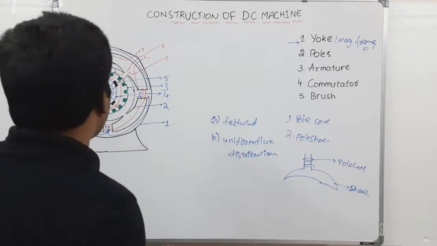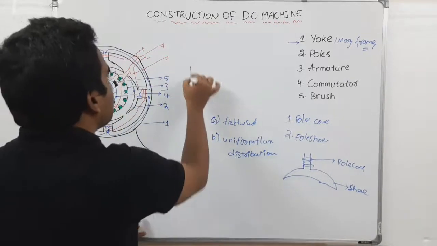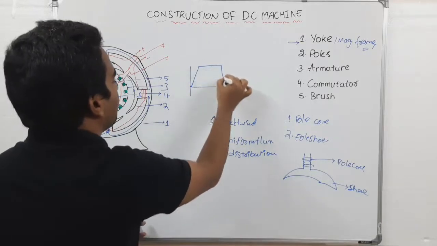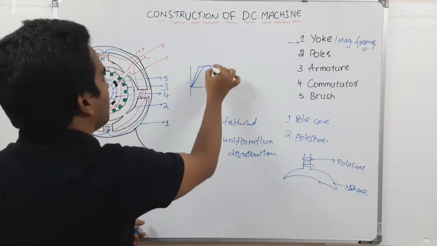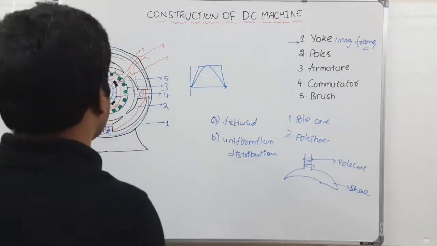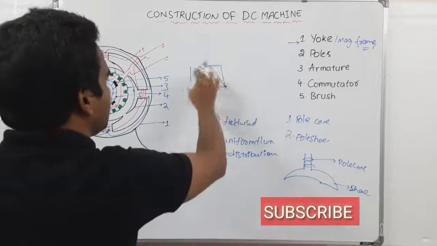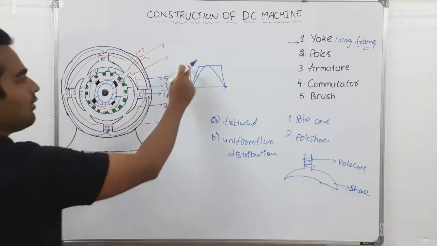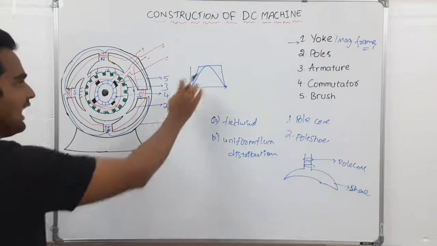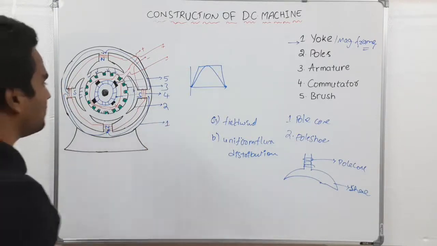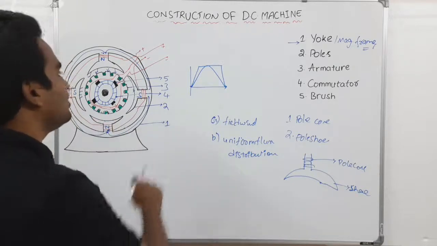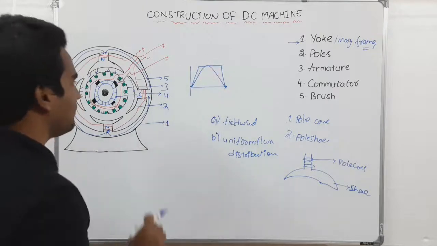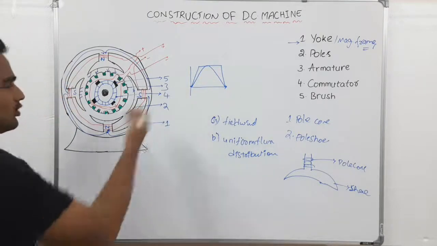Because of this uniform flux distribution, the waveform will become a flat topped waveform instead of a sinusoidal waveform. This is actually preferred, because the average value of a trapezoidal or flat topped waveform is more than that of a sinusoidal waveform.